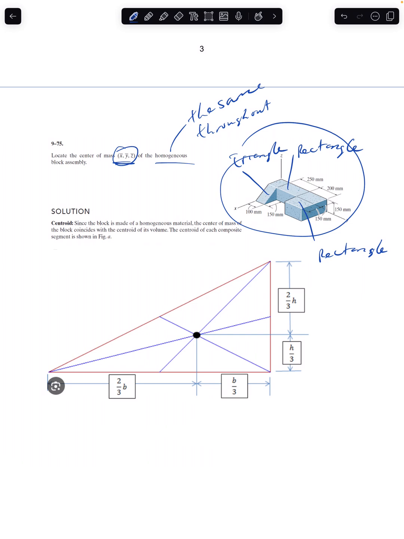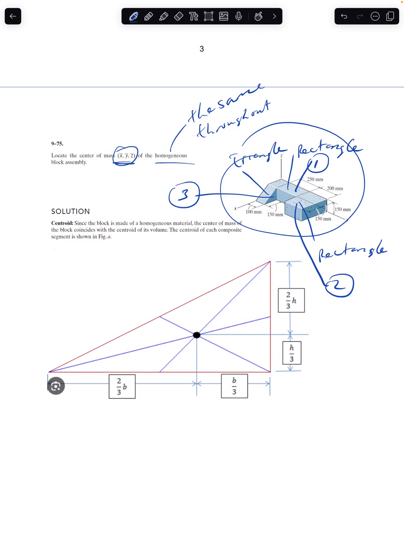I can call this part 1, that's a rectangle, I call it rectangle 1. I can call this rectangle 2 if I choose to, and I call this triangle part 3. So I have part 1, part 2, part 3. So I have 3 different shapes.